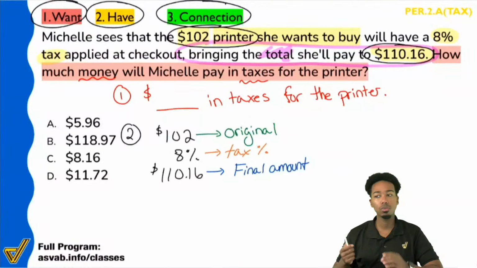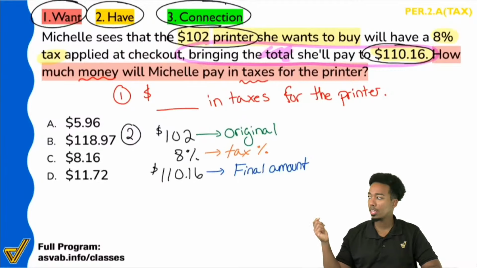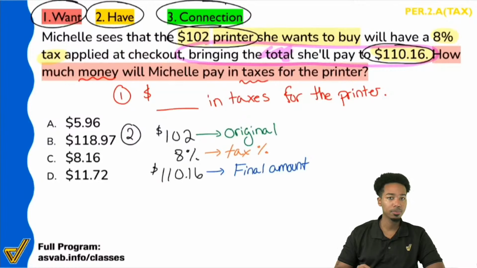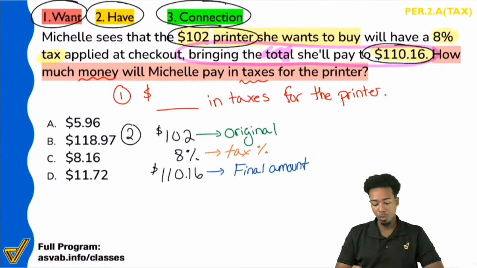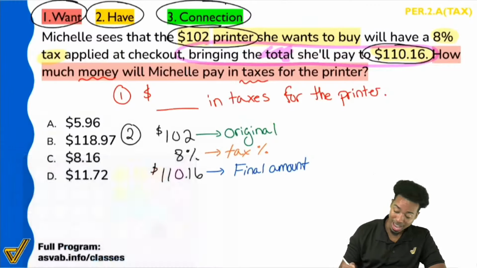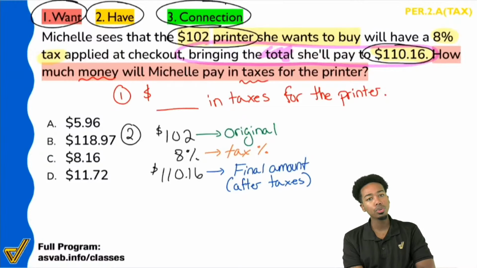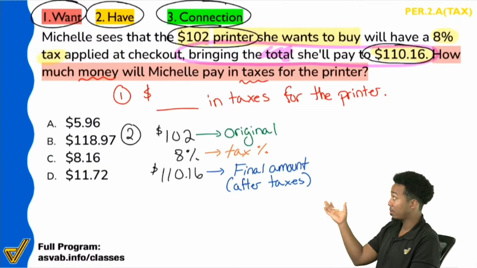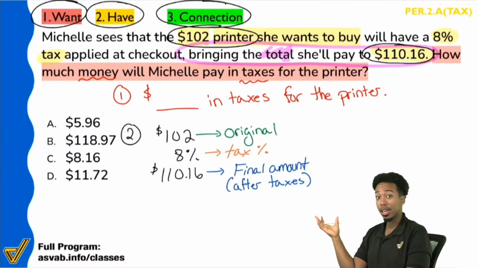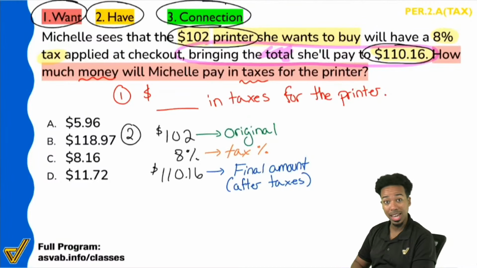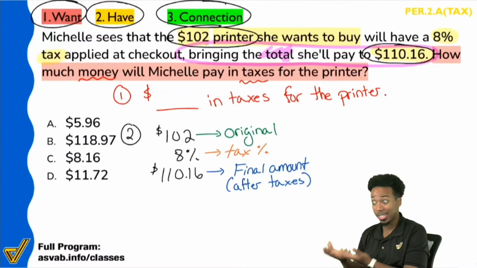Some problems will try to trick you, and that's why it's so important to start off with reading the question. Everyone think about it like this. Since we know what the original cost was, and since we also know the final amount, after taxes, everyone, is it true that if we start from the final amount, so the amount with the tax, and we take away the amount without the tax, what we're going to have left is the amount of the tax?